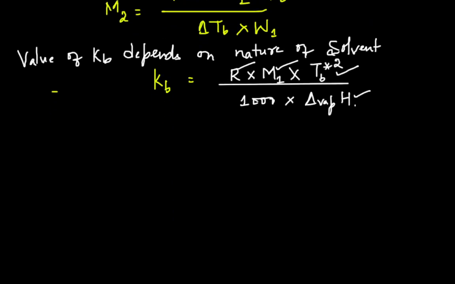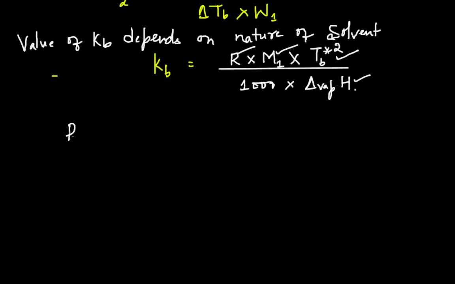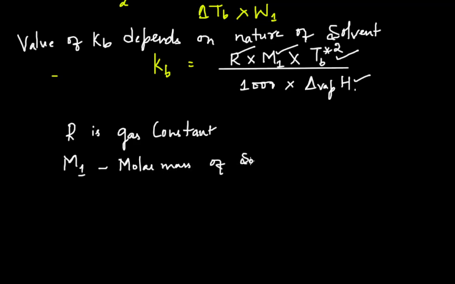So let me write it out. R is the gas constant, M1 is the molar mass of the solvent, TB star is the boiling point of the pure solvent.